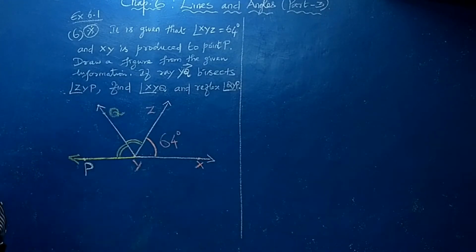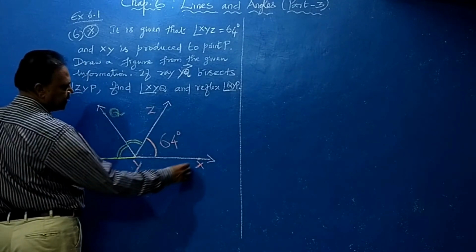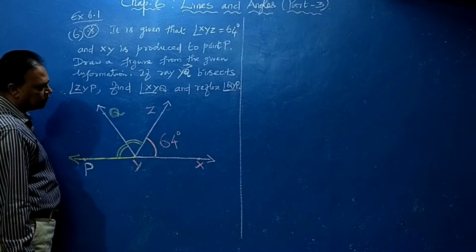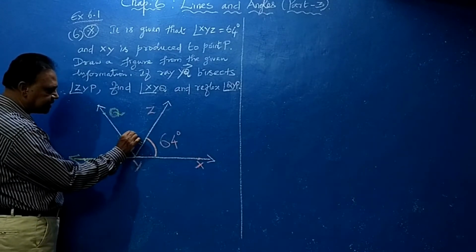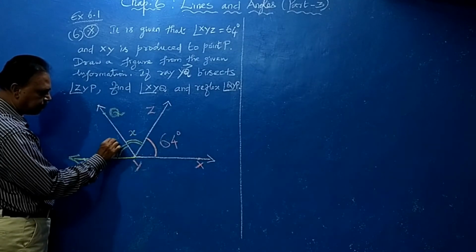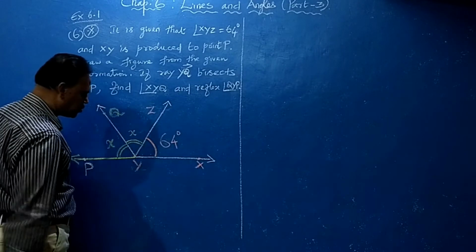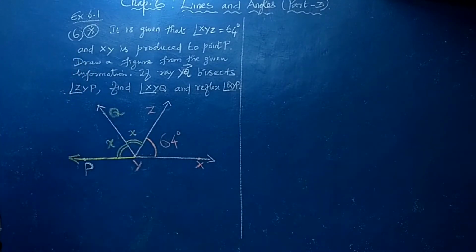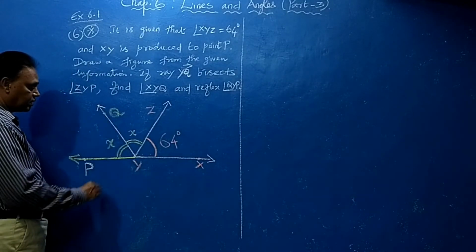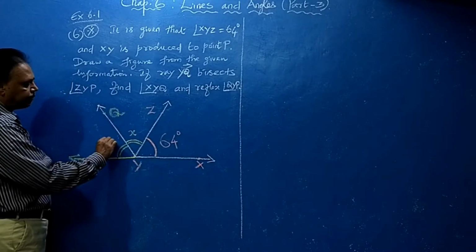This is the diagram. Now you have to find out XYQ. Clear? For my convenience, I am taking this as x, and this is also x. So first if we find x, then we can easily find XYQ, because this full angle is a straight angle, that is 180.